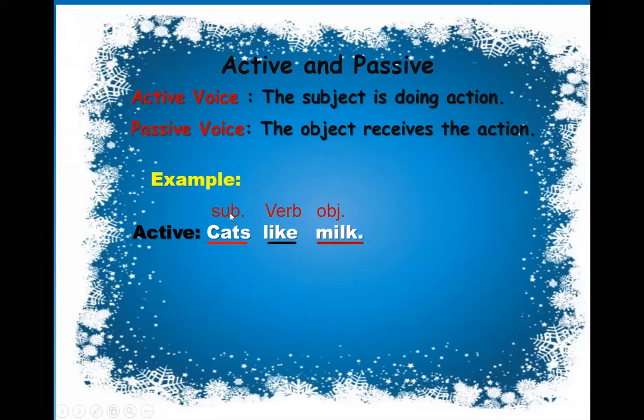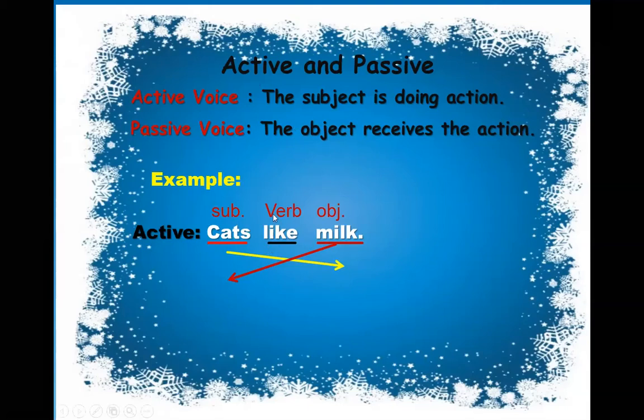Here it's active: subject, verb, and object. How can we change it? We will start with milk. The object will be the subject of the new sentence, and the object of the new sentence is the last subject. So we will change the places in the sentence, okay?